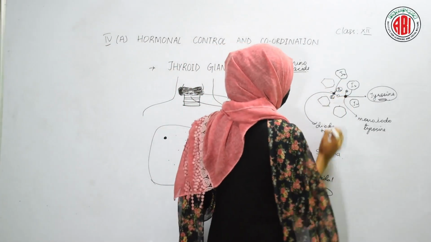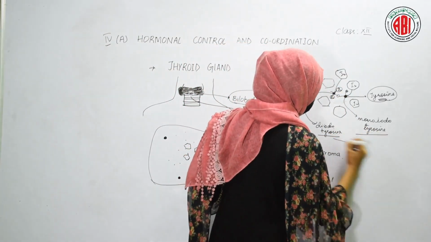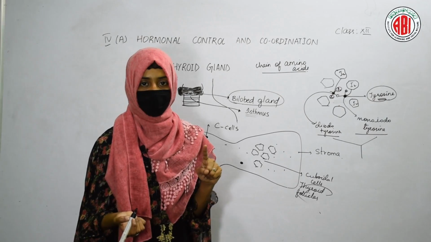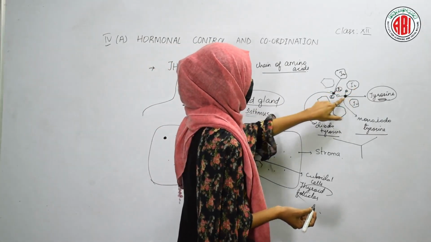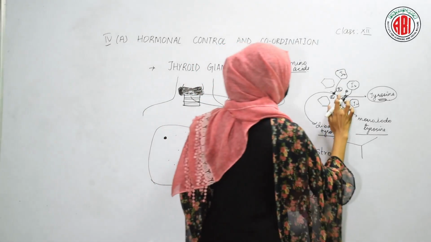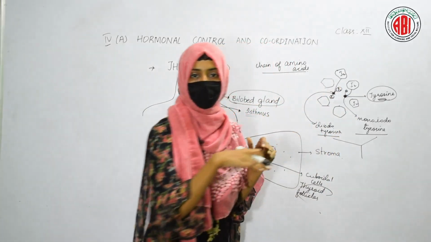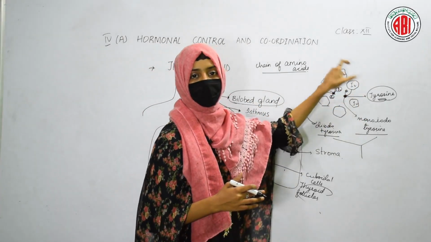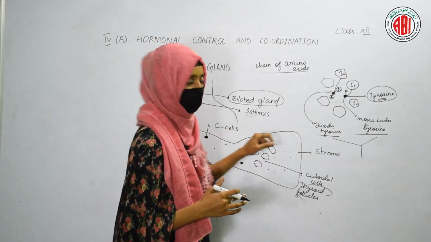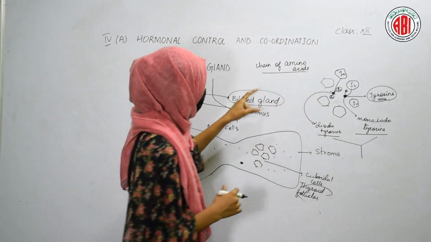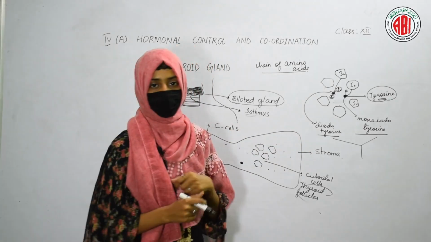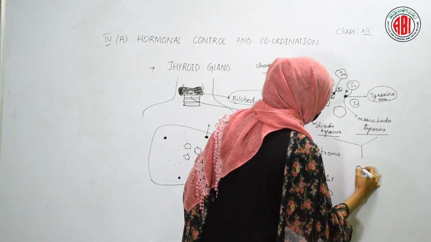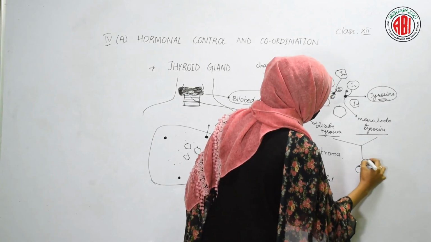Likewise, if this diiodotyrosine combines with the monoiodotyrosine, then it results in the formation of a thyroid hormone. Here, as soon as the iodine attaches to the tyrosine, the amino acid chain breaks and all the other amino acids disintegrate. Only the tyrosine that binds with the iodine molecule will be present. Now, when monoiodotyrosine and diiodotyrosine combine, you will find 3 iodine molecules in the structure.